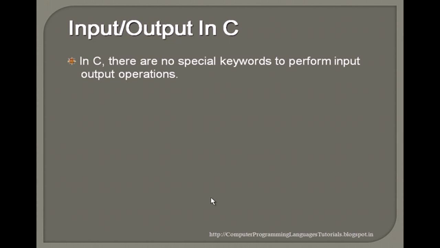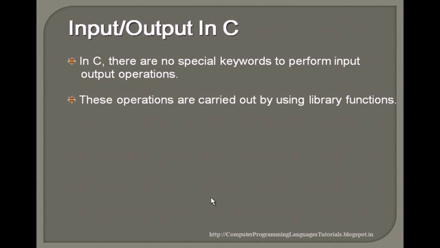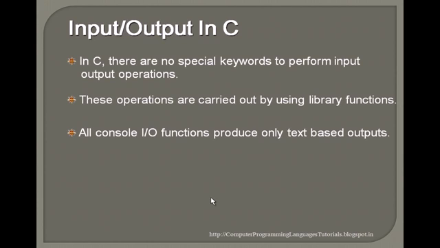The next part is input and output in C. In C, no special keywords are used. Then what will be used? In C, we can use inbuilt or predefined or library functions to perform input and output operations. Console means DOS based.